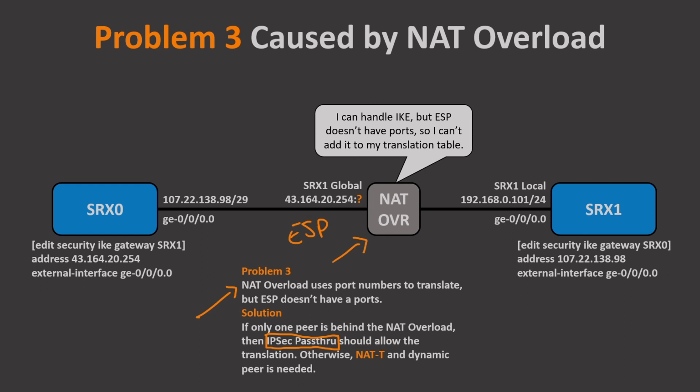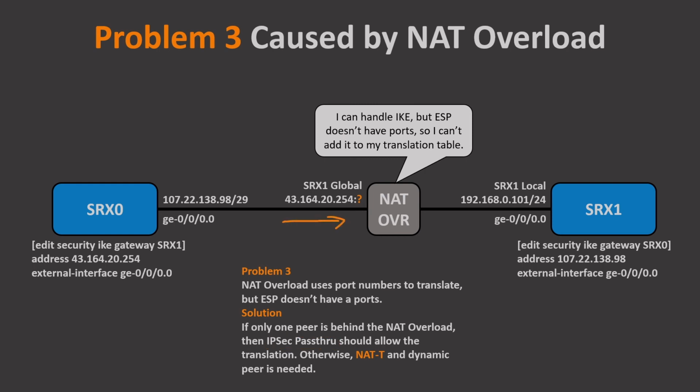And this actually works on most devices, most modern devices made by larger vendors. The problem is you can only rely on IPsec pass-through to work if you only have one host behind the NAT. If you have more than one host behind the NAT that's trying to send ESP traffic, immediately it gets confused, because the binding is simply based on the IP protocol.